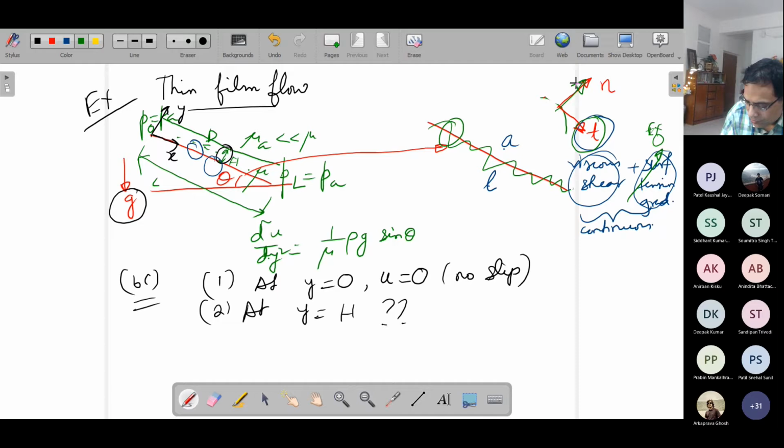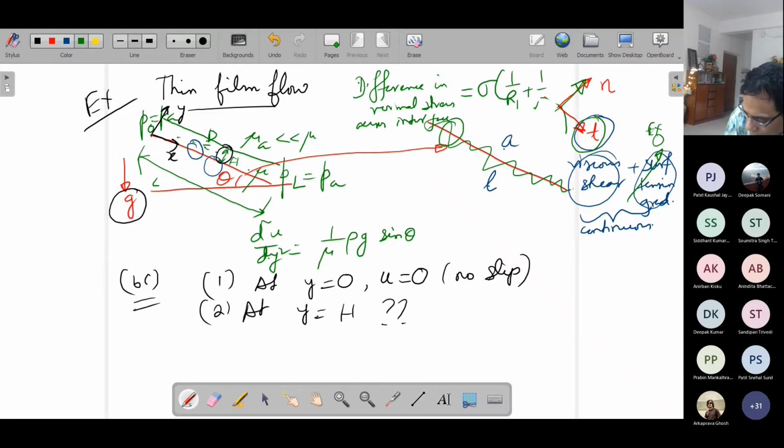In the normal direction, the normal stress balance will be there, and the equation for the normal stress balance is the jump in the normal stress, or the difference in normal stress across the interface, is equal to the surface tension coefficient into 1 by R1 plus 1 by R2.